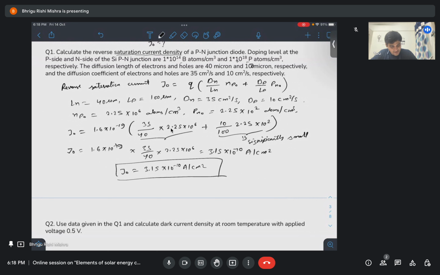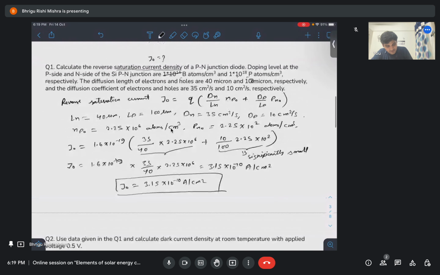Sorry, I think I have missed something here. I have taken different values. Yeah, both are 2.25 into 10 to the power 6, and this one is 2.25 into 10 to the power 2. Okay, the values I had written wrong.